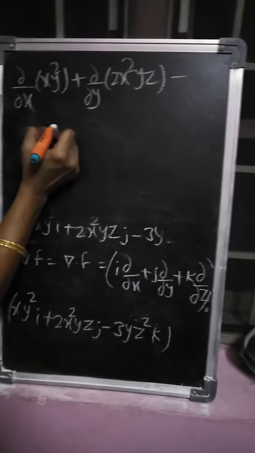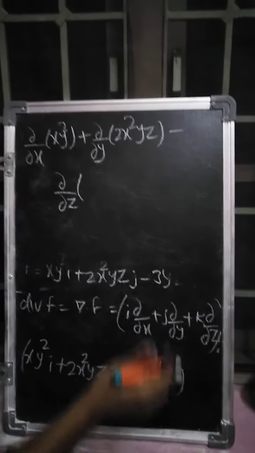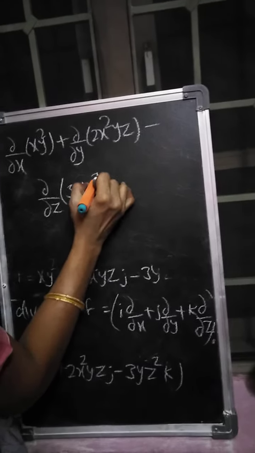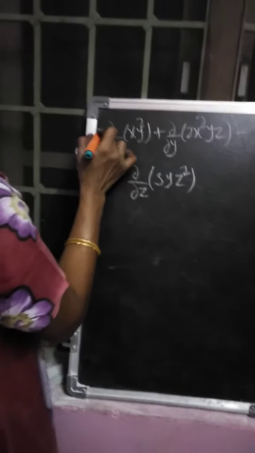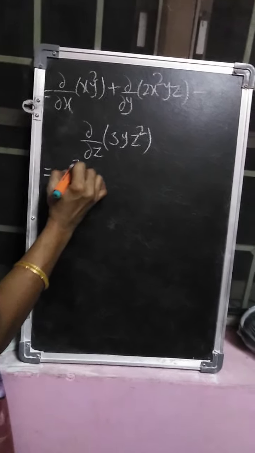With respect to x, y is constant, so we get y square.